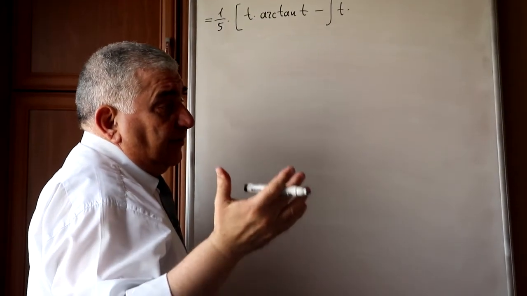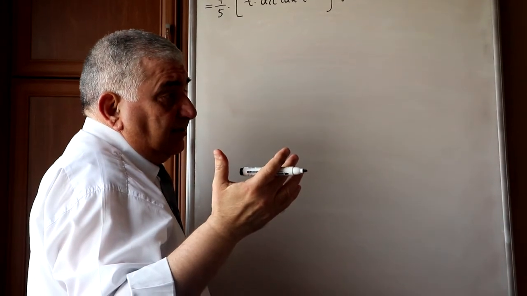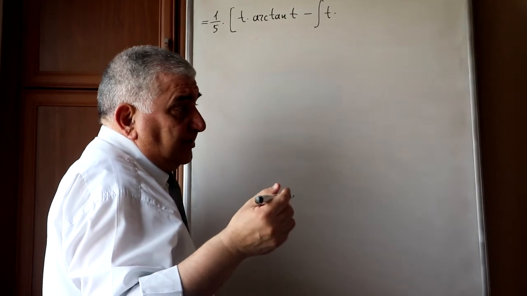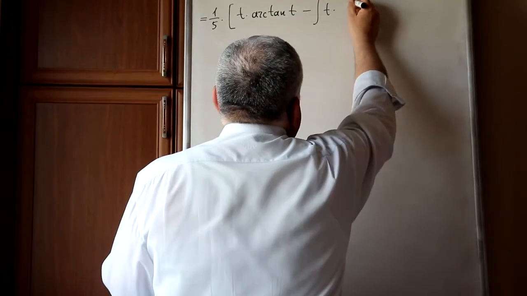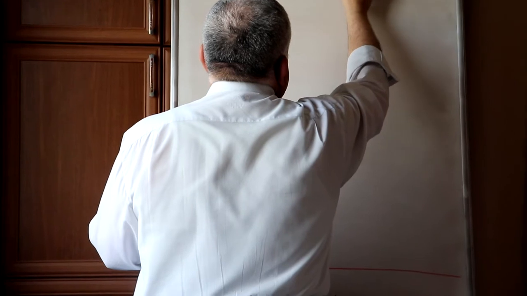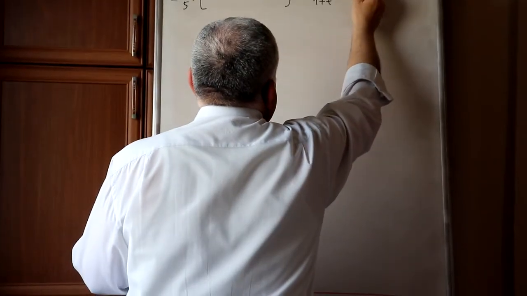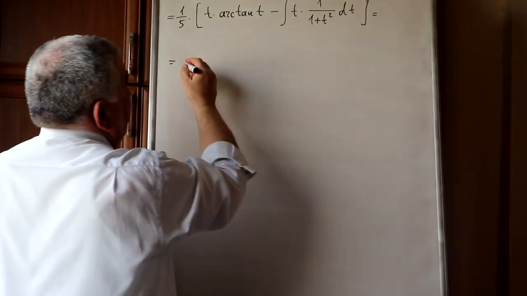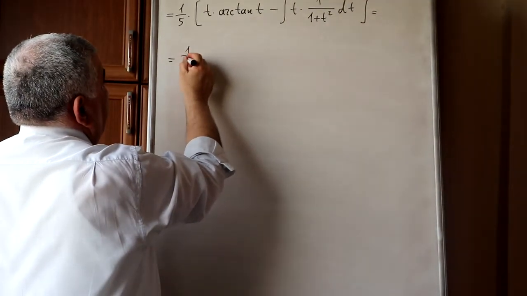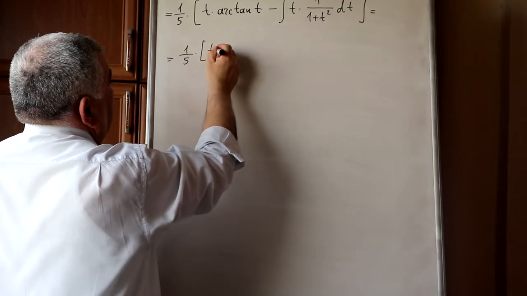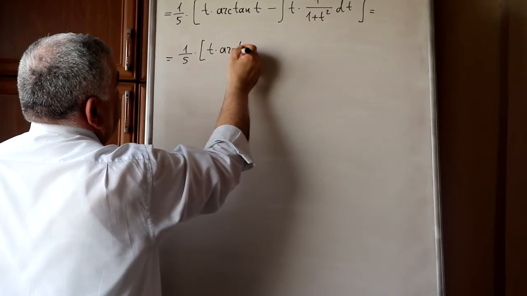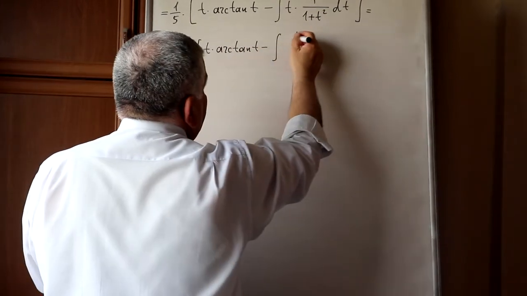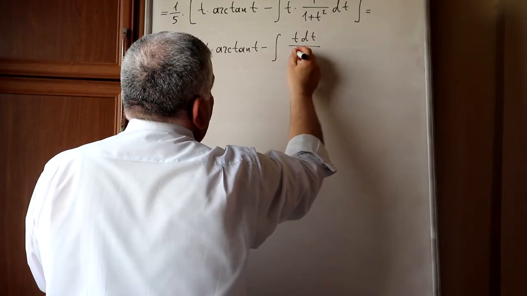And the derivative of arctangent is 1 over 1 plus t squared, so 1 over 1 plus t squared dt. Rewrite: 1/5 multiplied by t arctangent t minus the integral of t dt over 1 plus t squared.